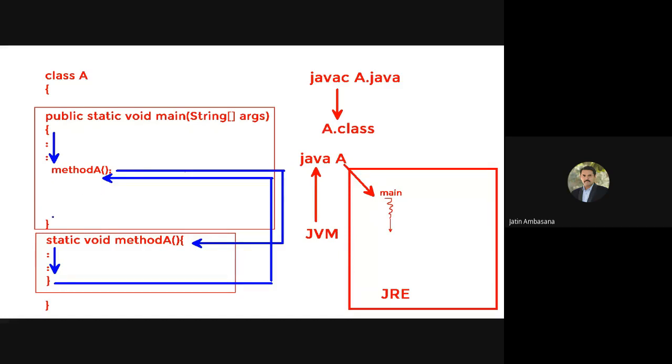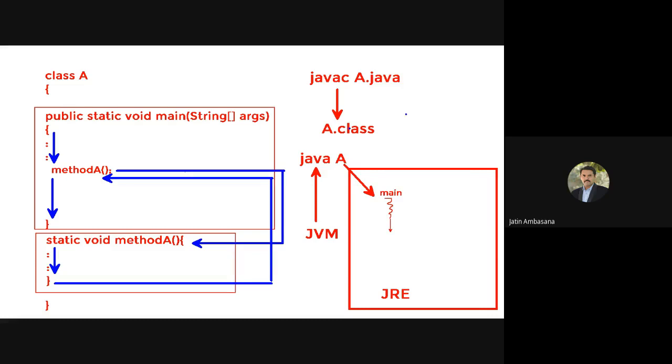Got the point? This is simply sequential execution. Main method is executing, method A is called, the control gets transferred, that method executes and stops, the control returns, and main method continues.